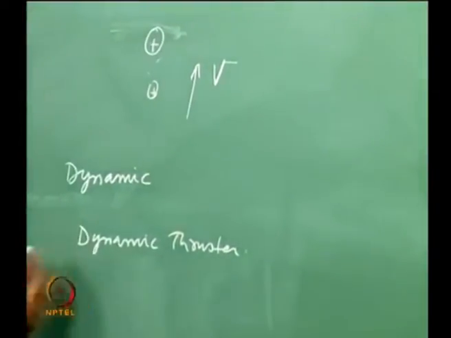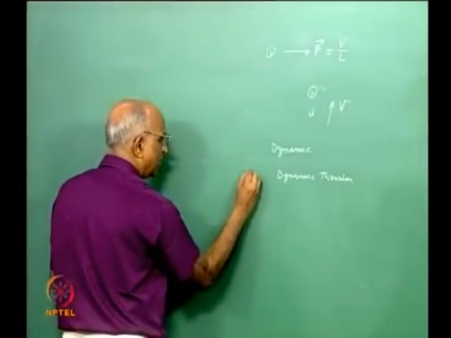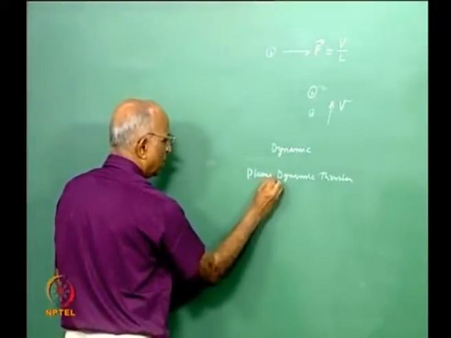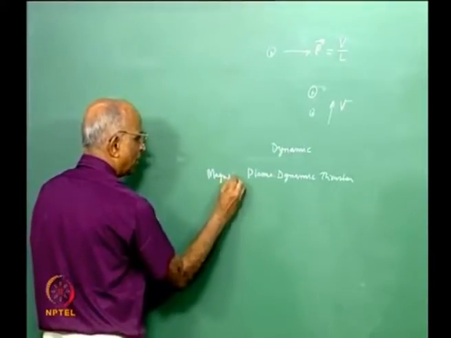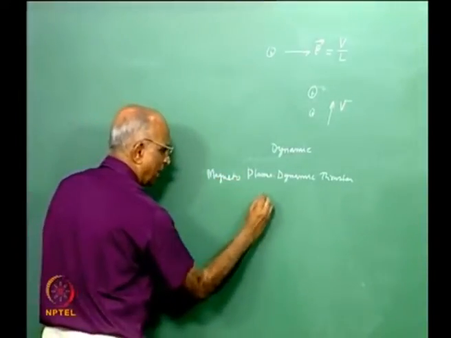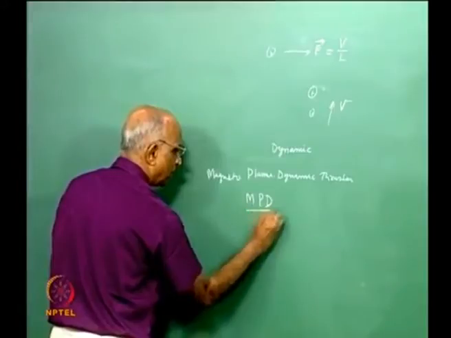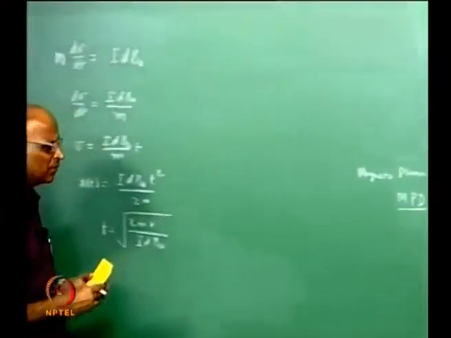If I have a plasma, it is known as plasma dynamic thruster. But most of the plasma is in a magnetic field, and it is known as magnetoplasma dynamic thruster or MPD. These are about the magnetic rockets.